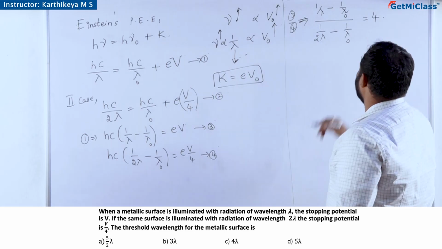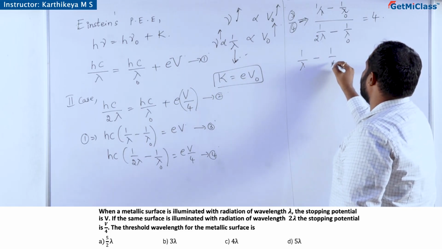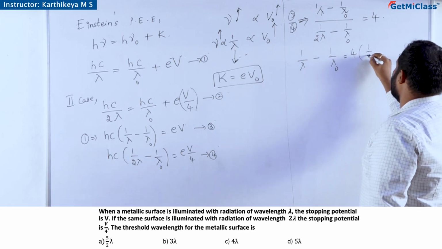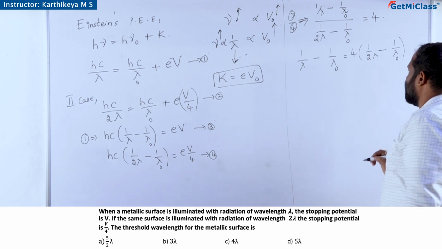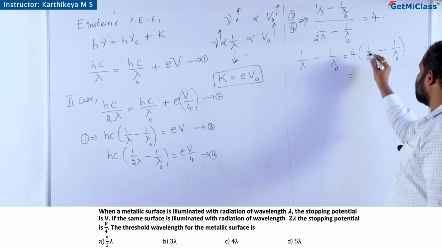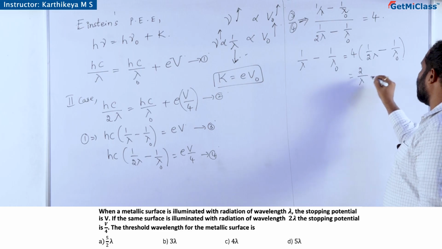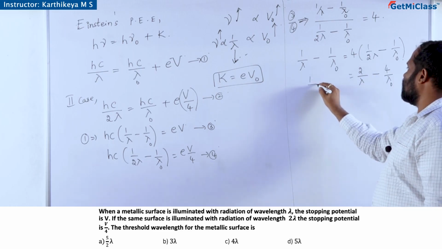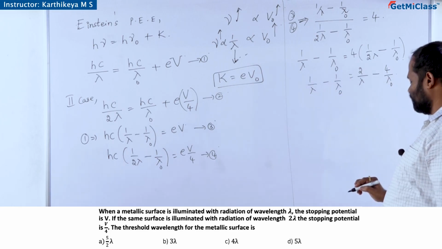So, that is 4. Now, 1 by lambda minus 1 by lambda naught is 4 into 1 by 2 lambda minus 1 by lambda naught. This turns out to be 2 by lambda minus 4 by lambda naught. This is 1 by lambda minus 1 by lambda naught.